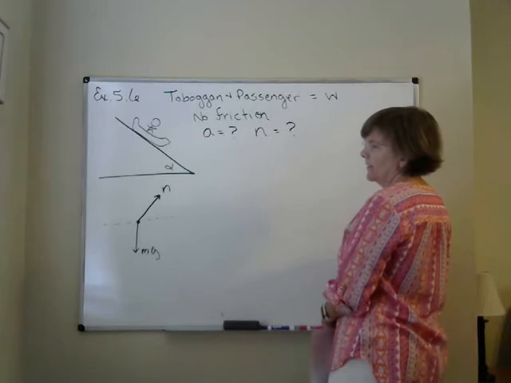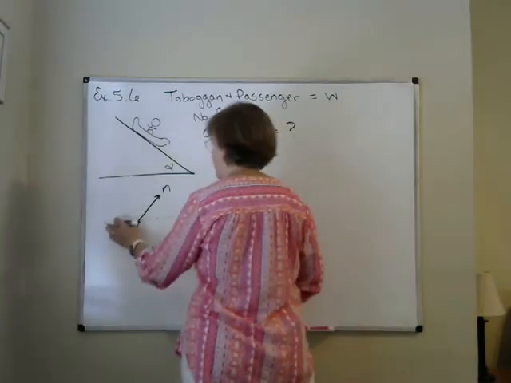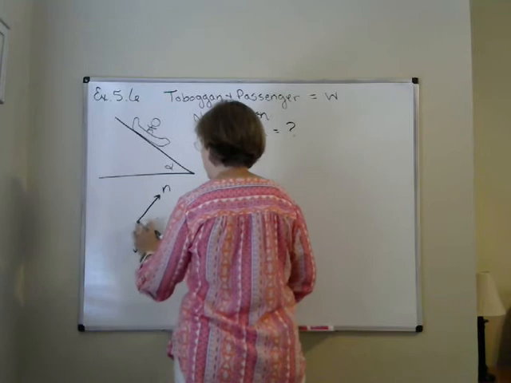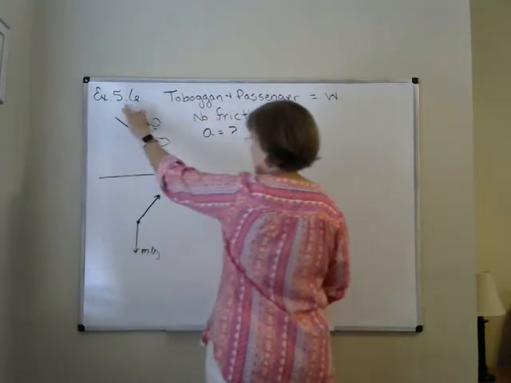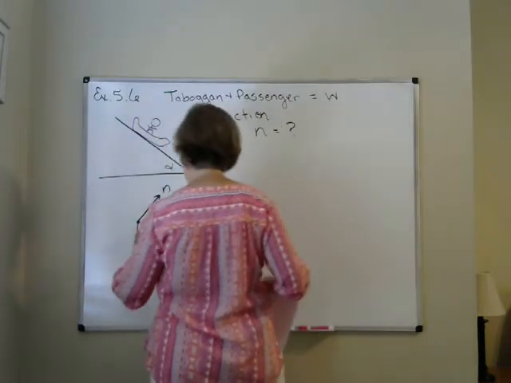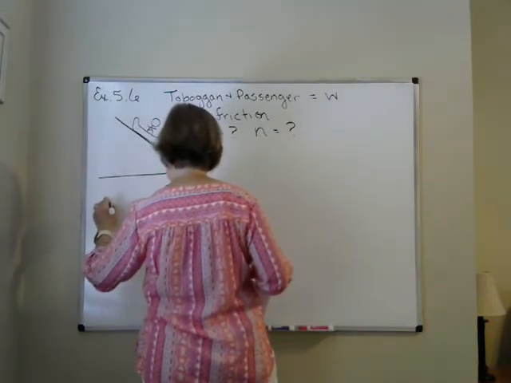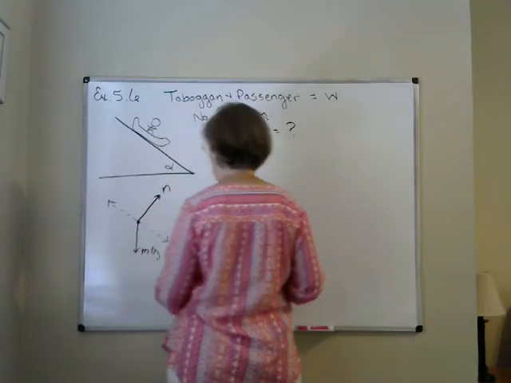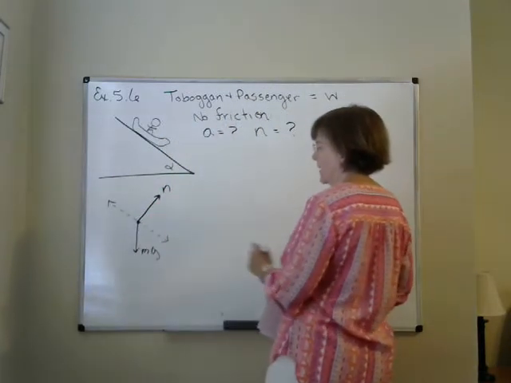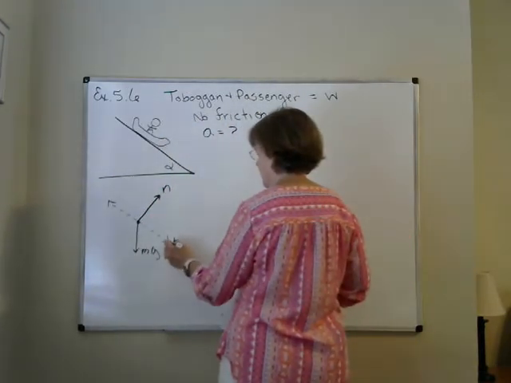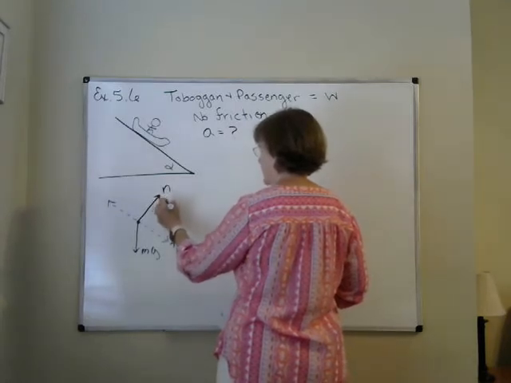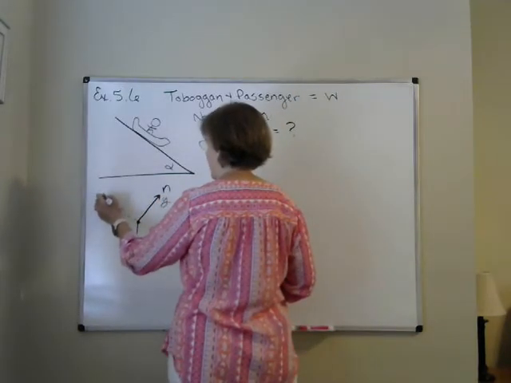I think I want to move that dotted line, since the object's going to be moving down the ramp, I want to have my frame of reference like that. I want this to be my x-axis, and I want this to be my y-axis. This would be my negative x.